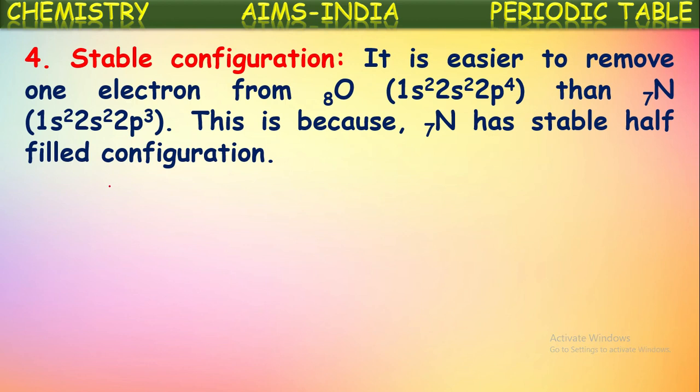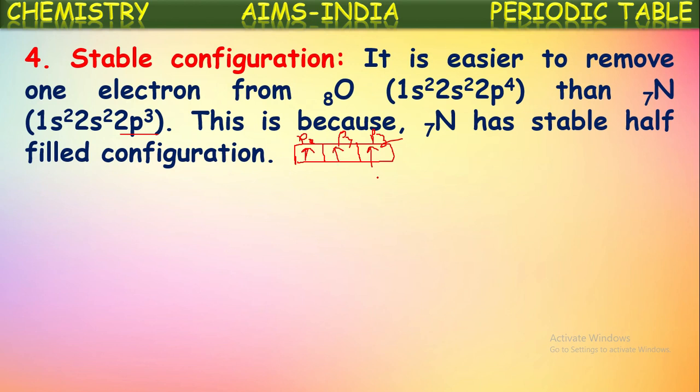If we observe this, 1s2, 2s2, 2p3, in the p subshell there are 3 electrons. We know how to represent this p subshell with 3 orbitals. We can consider these as px, py, pz. In this way these orbitals are represented. Now there are 3 electrons, 1 in each.